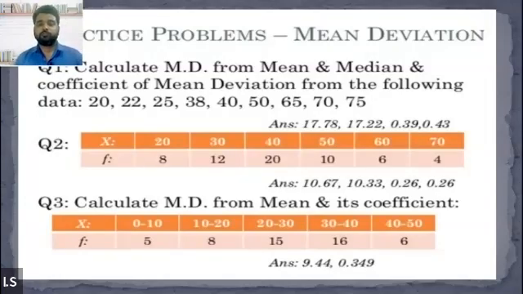However, the question is asking you to calculate mean deviation by applying both the mean and the median method. But since we have only done the median part, I'm giving you this question as homework to do using the median method only. Got it? Yes, sir.